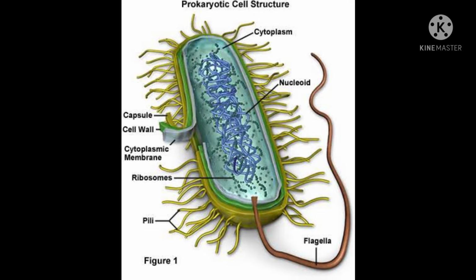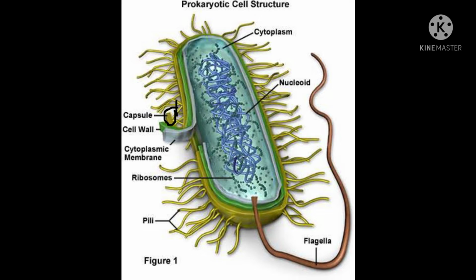Now, let's proceed to the inner structure of these organisms, which are the prokaryotes. So, as I said earlier, these organisms have their own different structures and functions. In this structure, you can see there is a capsule.